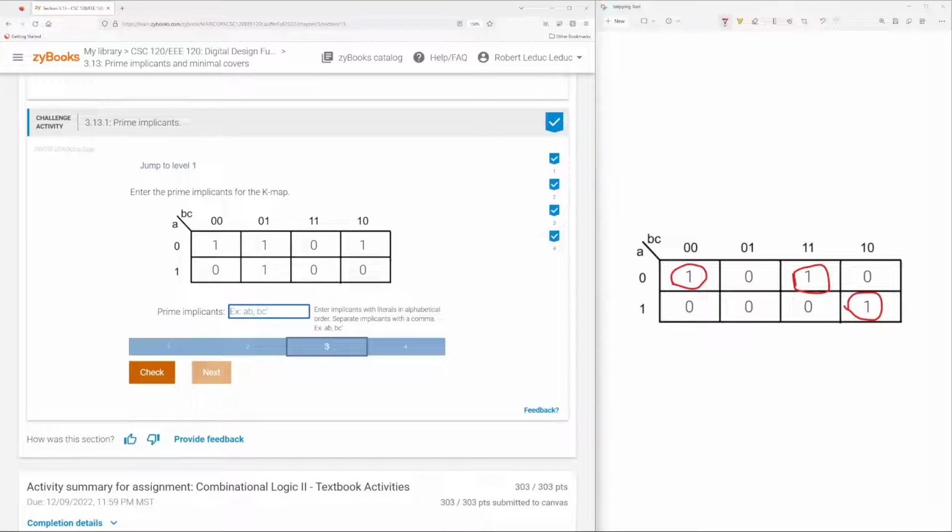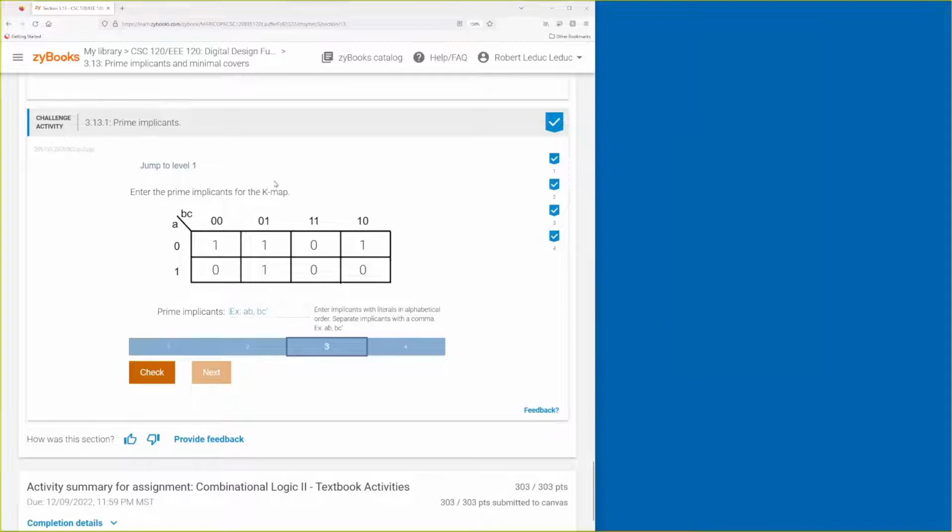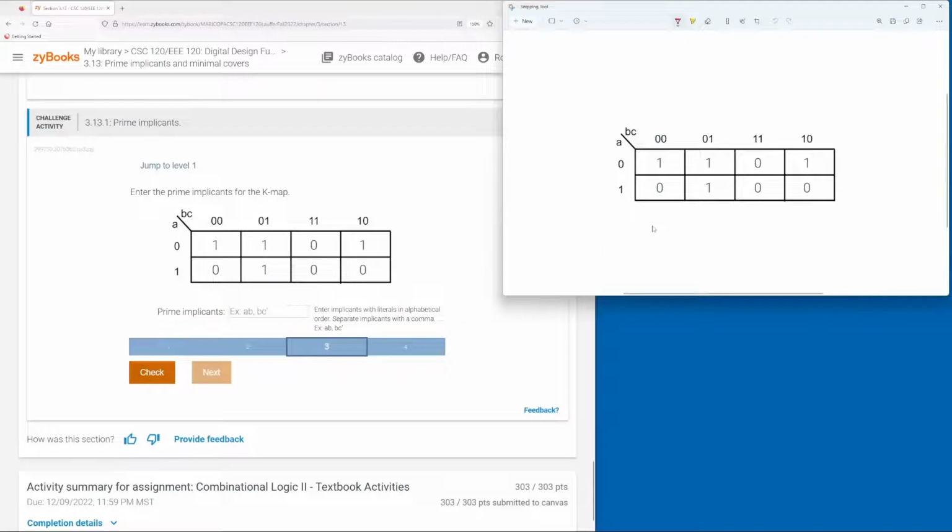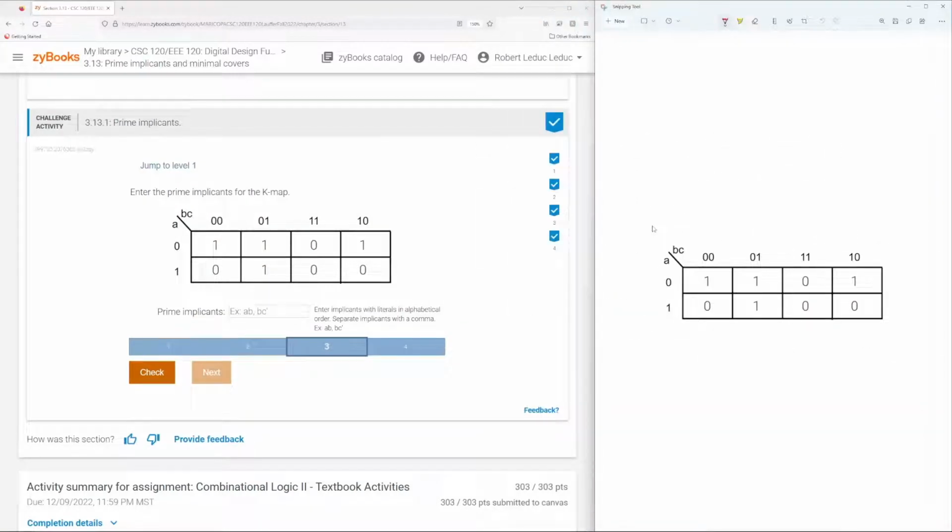Another way to think about that is it is on a K-map the largest possible valid circle that covers a minterm would be a prime implicant. So let's go ahead and get another snip here and zoom in a little bit.